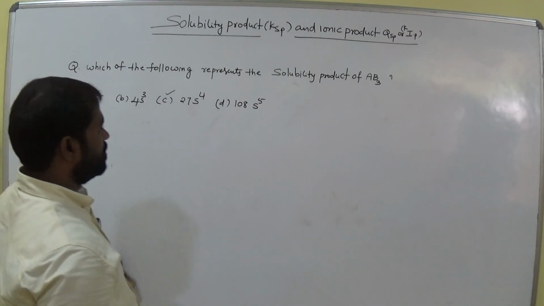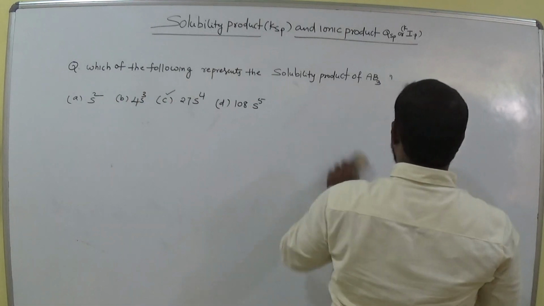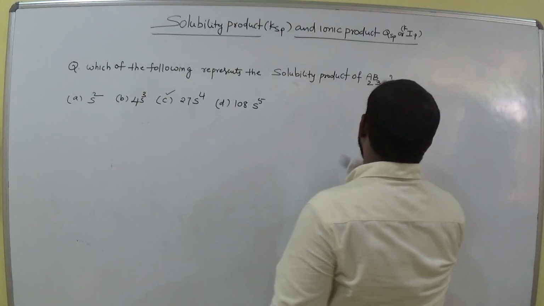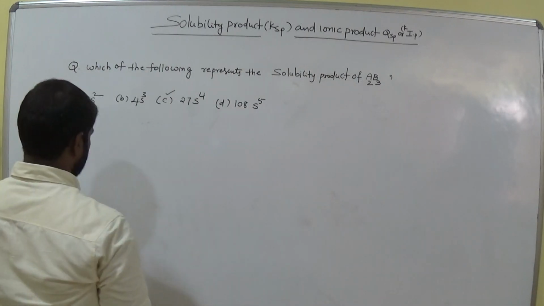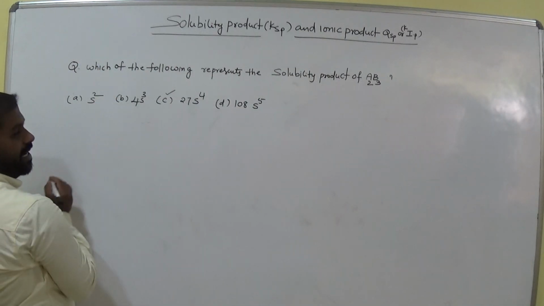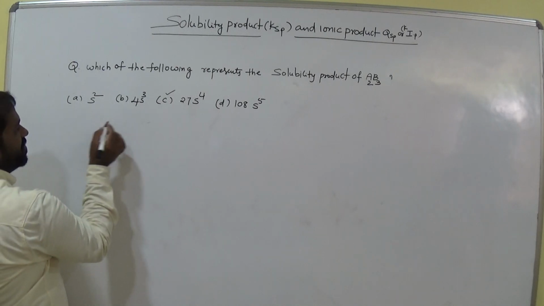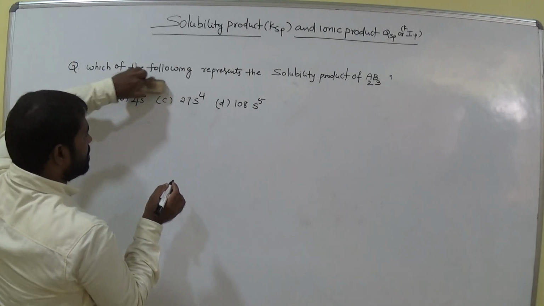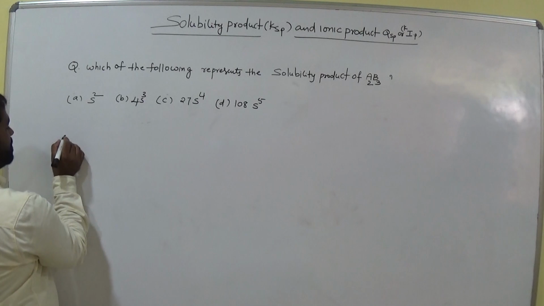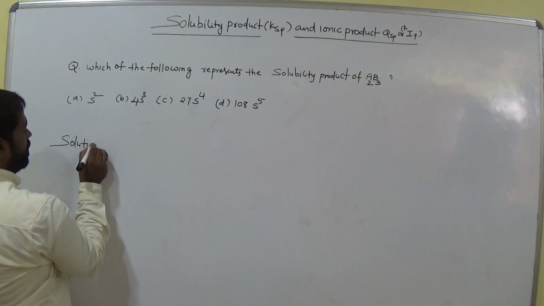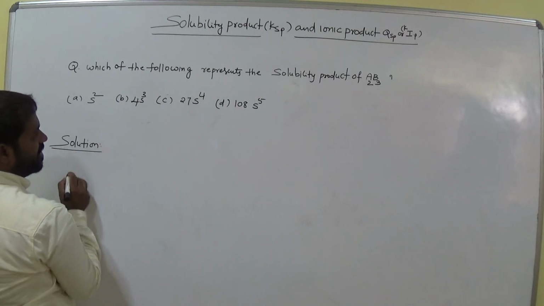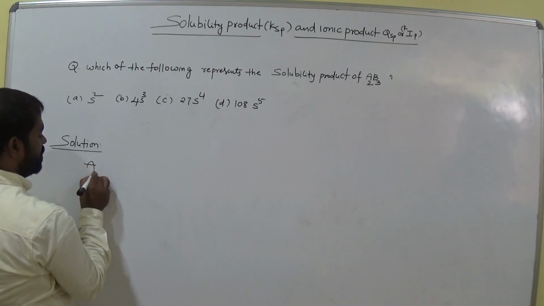Next go to an A2B3 molecule, suppose A2B3. Now the given type of salt is A2B3.